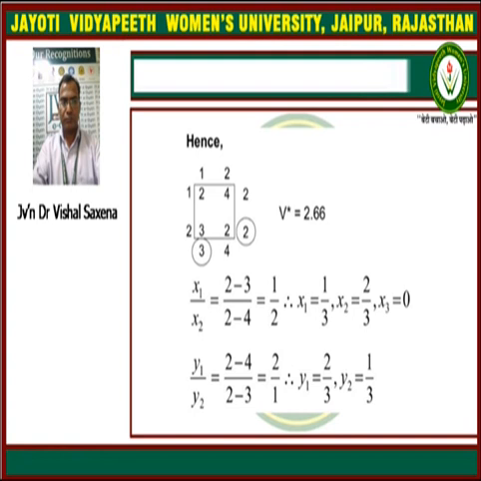So x1 upon x2 is equal to 2 minus 3 upon 2 minus 4, which is equal to 1 upon 2. So x1 upon x2 comes to 1 upon 2.